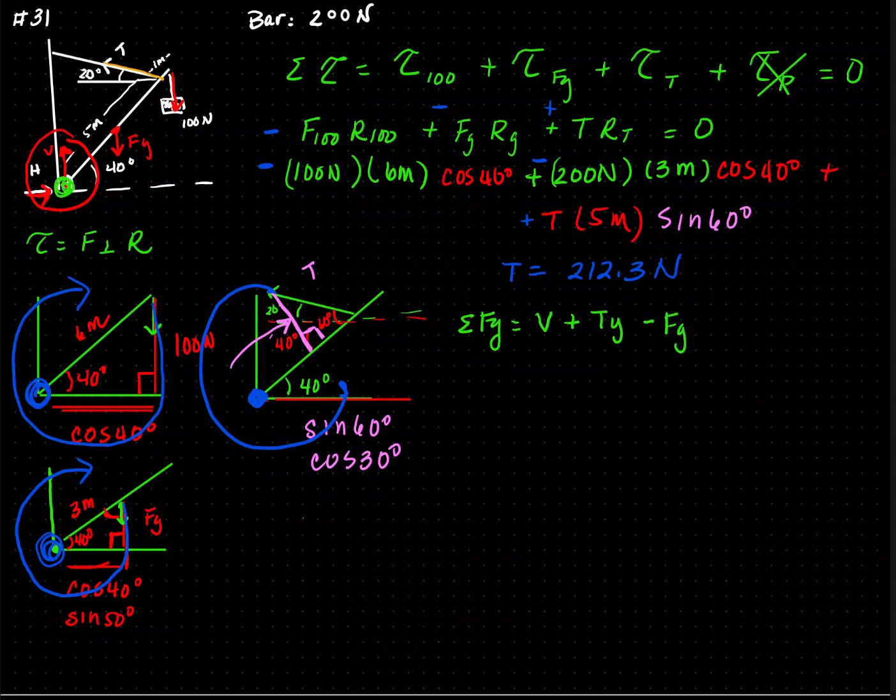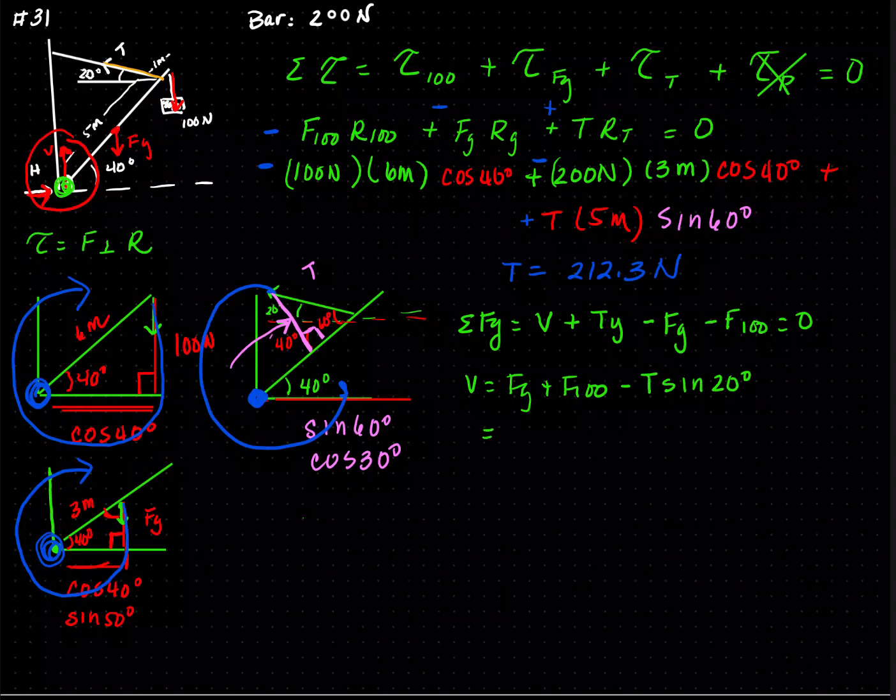My weight FG is going down. My weight F1 is going down, 100. This is equal to 0 because we're in static equilibrium. So V is equal to Fg plus F100 minus T sine 20.